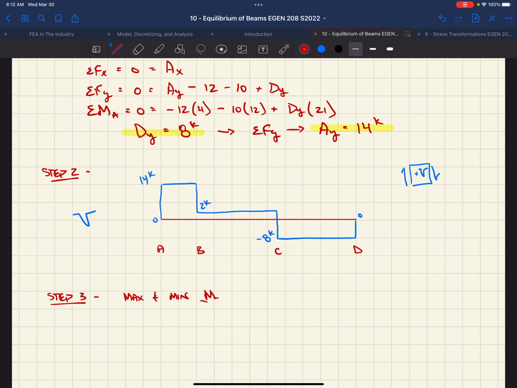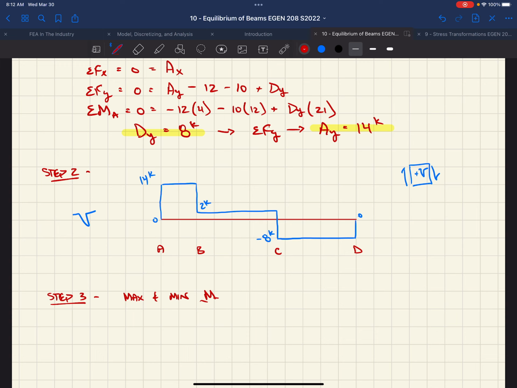Right, remember that the moment is the summation of the area underneath our shear diagram, right? So when we have positive area, we're gaining moment. When we have negative area, we're losing moment. So with that being the case, is there a point on this member where you might think that we might have a minimum or maximum moment?